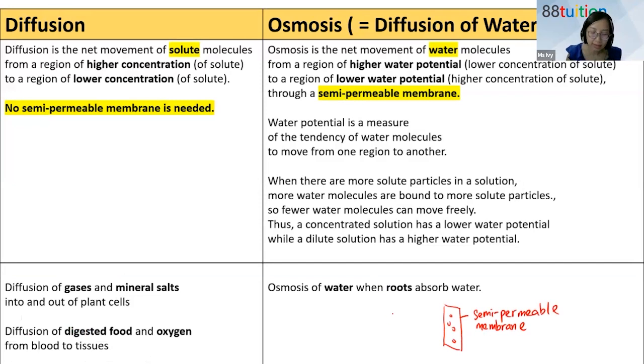Let's say you have a lot of water here, out of 100 water molecules, then you have, let's say, 40 sugar molecules dissolved in 100 water molecules. Over the other side, you have 100 water molecules, but only 20 sugar.